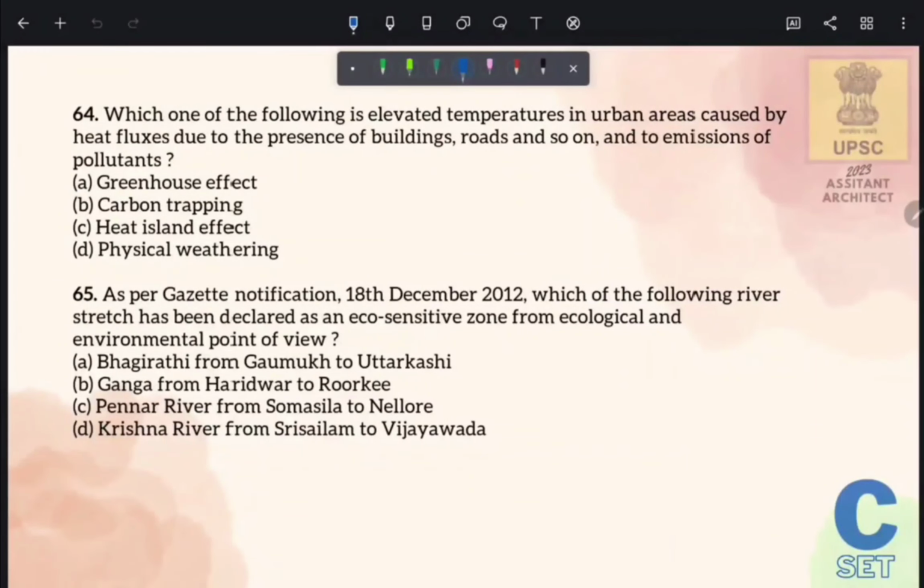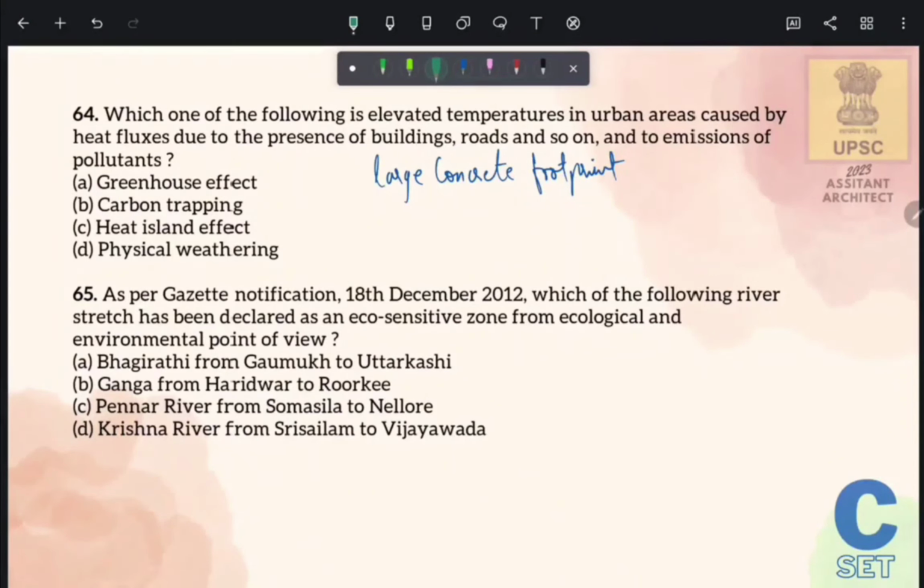Which one of the following is elevated temperature in urban areas caused by heat fluxes due to the presence of buildings, roads and so on, and to emission of pollutants? So friends, in the real world, sometimes we observe that the temperature in urban areas is much higher in comparison to rural areas, and this generally happens because of a large concrete footprint like buildings, roads and other man-made structures, and it is known as the heat island effect.